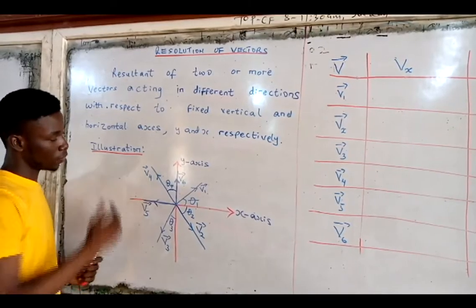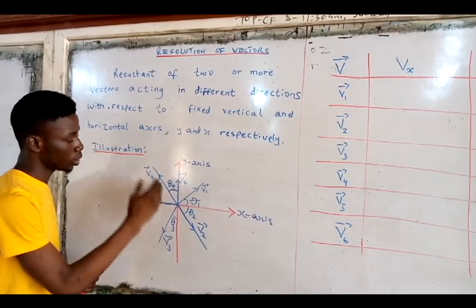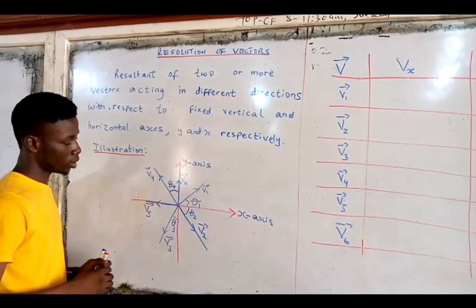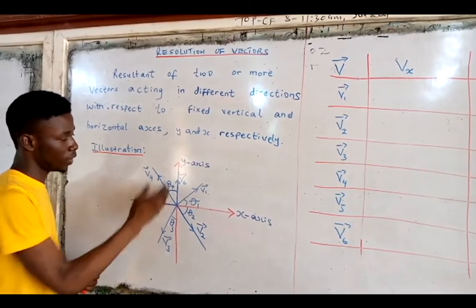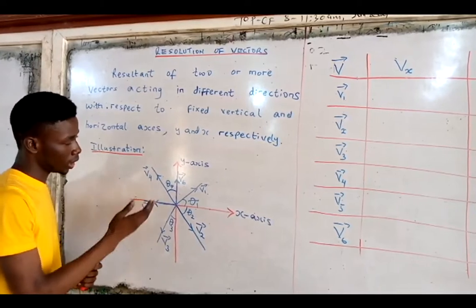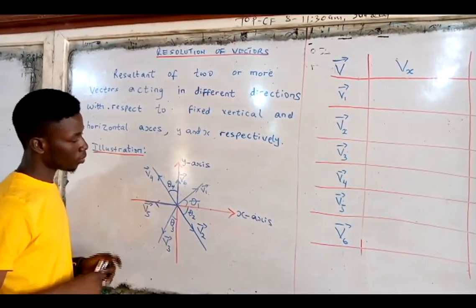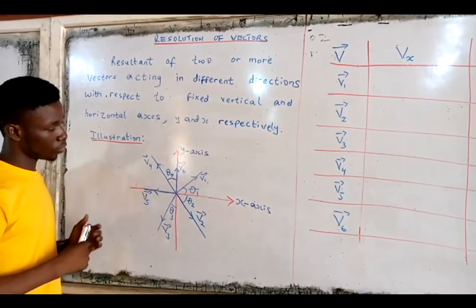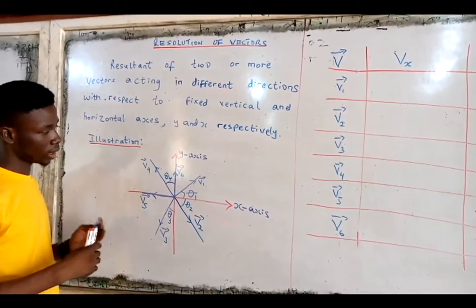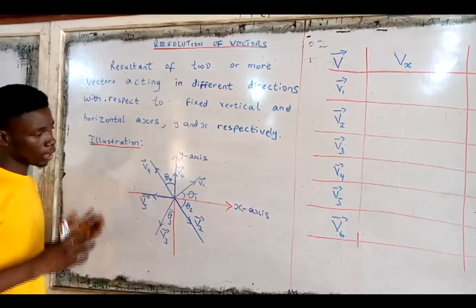The same thing with v4, with an angle θ4 to the y-axis, while v5 and v6 are directly on the x-axis and the y-axis respectively. Now, how do we resolve vectors in this case? I would like us to do it together.